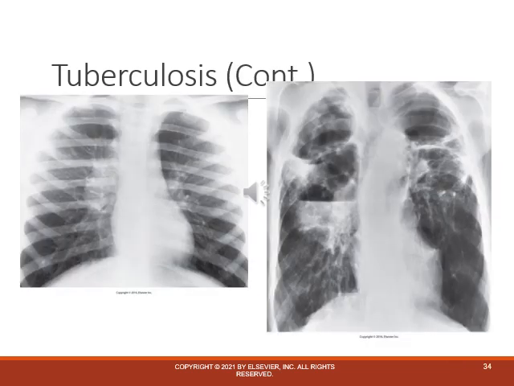Primary tuberculosis is the result of an initial exposure, and most of the time we are going to see this usually start out as a single area of consolidation, which will usually occur in the apices of the lungs. If we're going to image this appropriately, then one of the great views to take is a lordotic view to see the apices of the lungs with no superimposition of the clavicles.